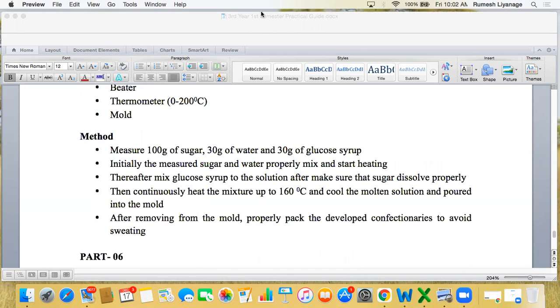Demonstrators will help you to develop these food products, and I hope this is a very good opportunity for you all, because the confectionery industry is a lagging industry. It develops slowly, but we have a very good market. So you all can start your own confectionery industry using different raw materials.